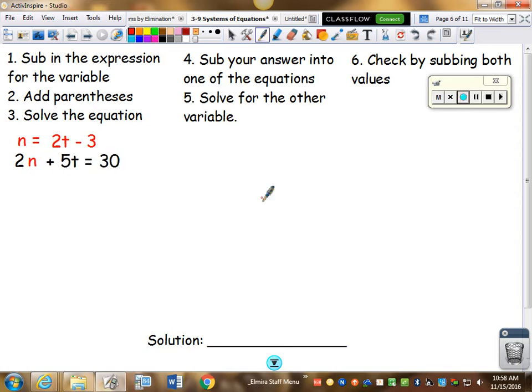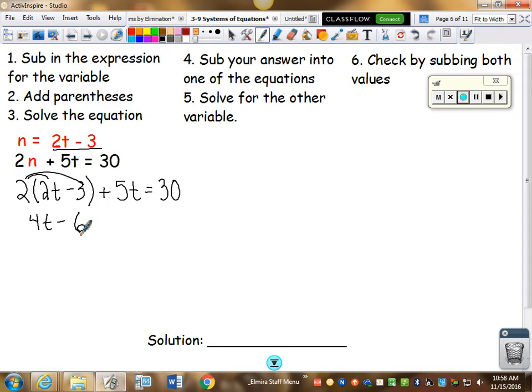So how we write that is 2, then instead of the n, parenthesis, 2t minus 3, parenthesis, then finish copying the rest, plus 5t equals 30. Okay, then we're going to distribute: 4t minus 6 plus 5t equals 30.